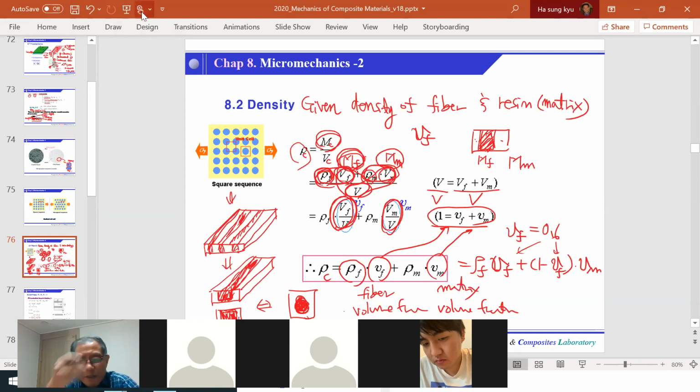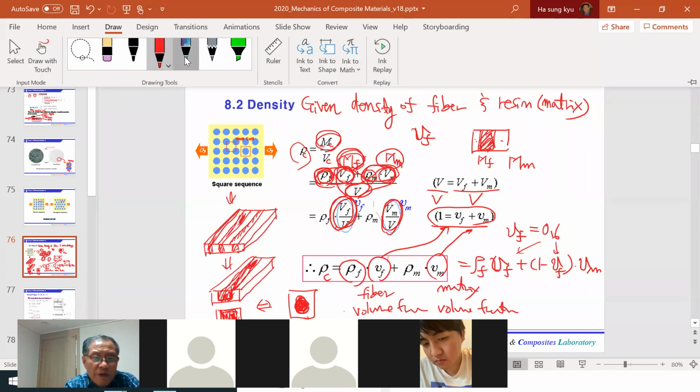And sometimes I use these simple equations. We like to measure the V_F.